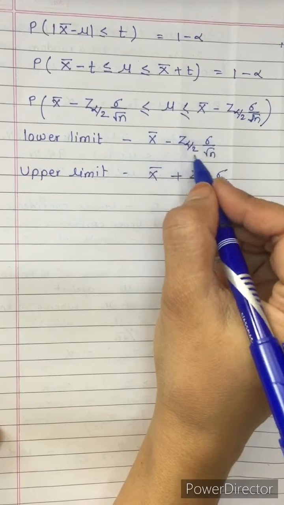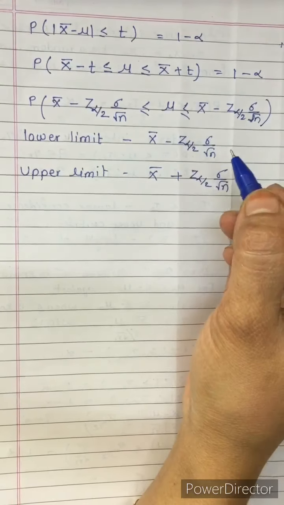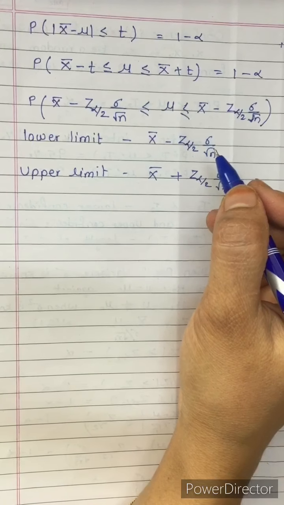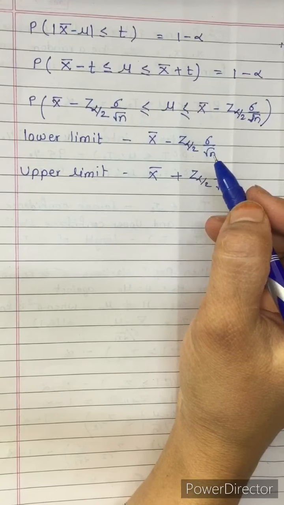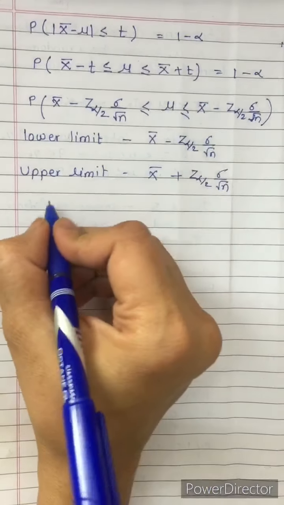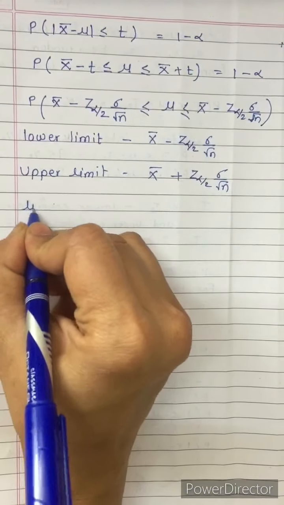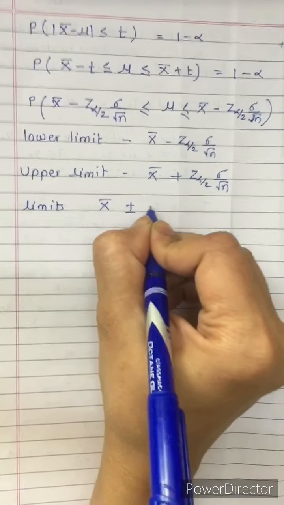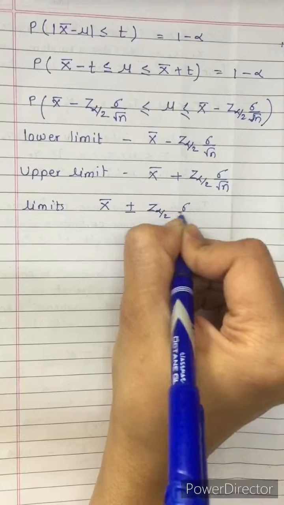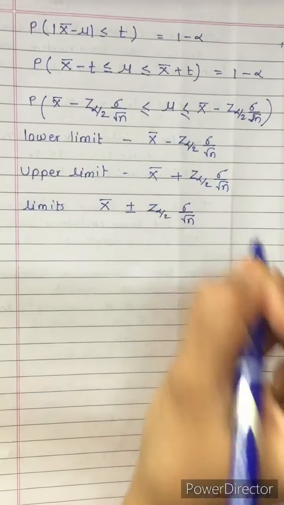Here we use z alpha by 2 because of two-tailed test. Correct? And so in short we can note down the limits simply as x bar plus or minus z alpha by 2 sigma by root n.